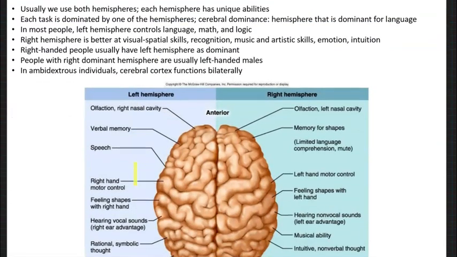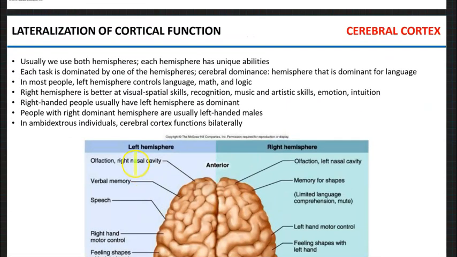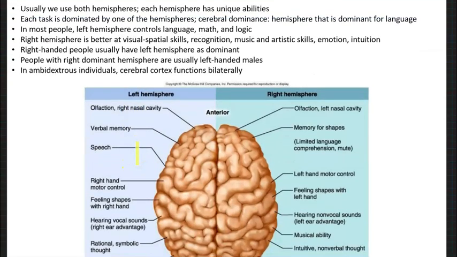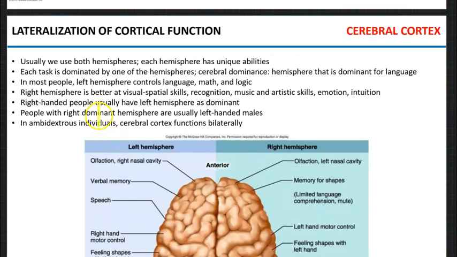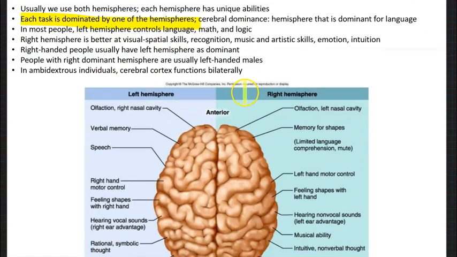So the last thing to talk about is lateralization of functions in the cortex. You can see that different tasks are dominated by different hemispheres. Now, what does that mean, dominated?